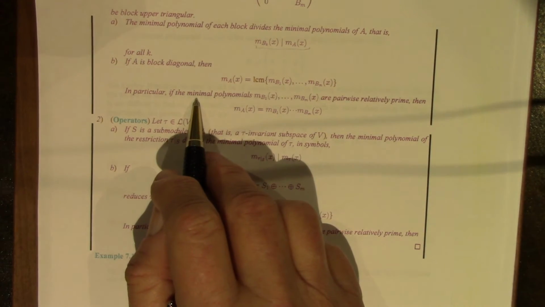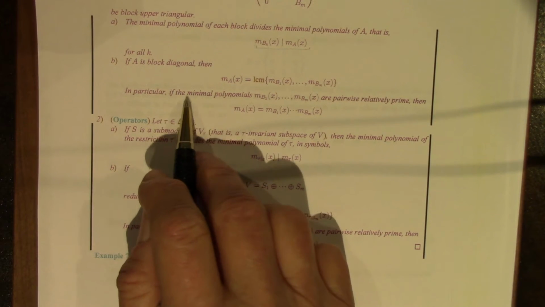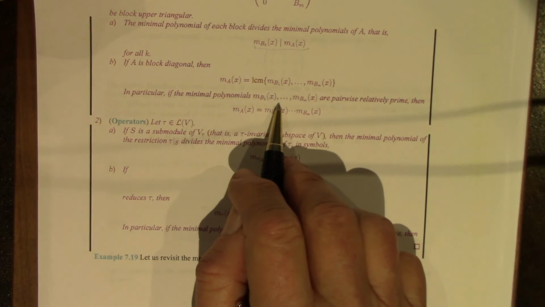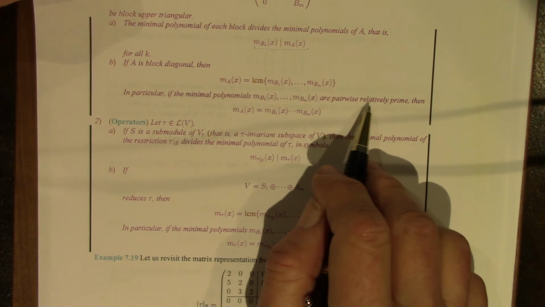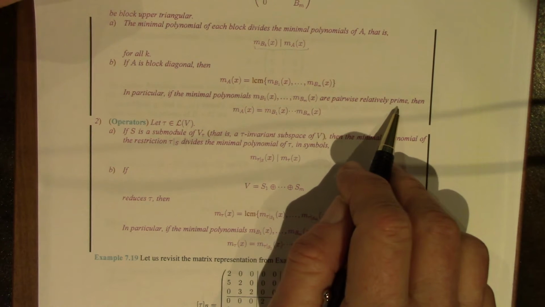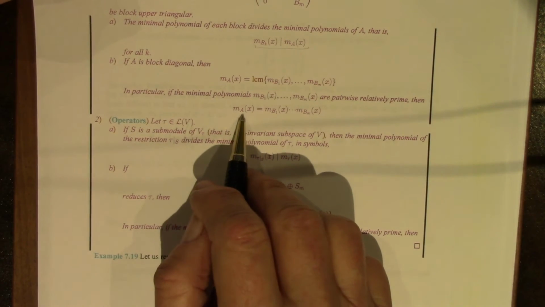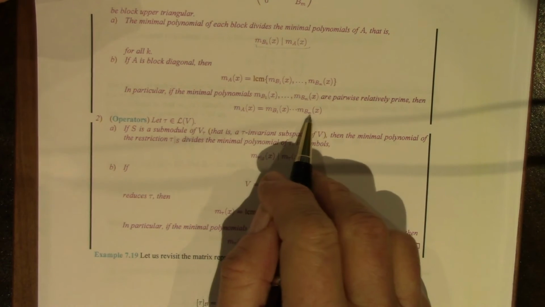In particular, and this is something that will come up, so I wanted to mention it explicitly, if the minimal polynomials of these blocks are pairwise relatively prime, then the minimal polynomial of A is the product of the minimal polynomials of the blocks.